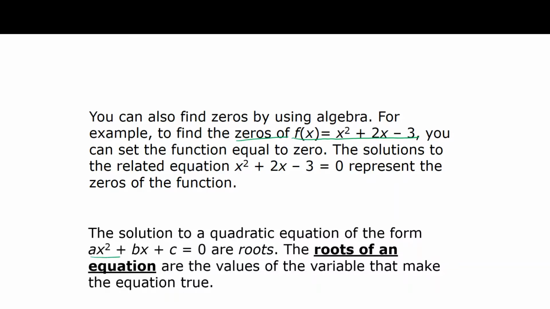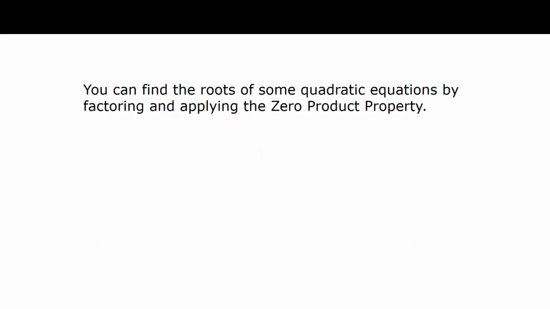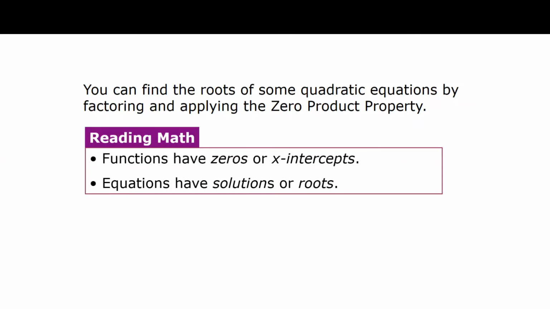When we have an equation, we're looking for the roots, and I'm going to show that to you in just a second. You can find the roots of some quadratic equations by factoring and applying the zero product property. All right, so again, functions have zeros or x-intercepts, and equations have solutions or roots. That's just a technicality on the words.